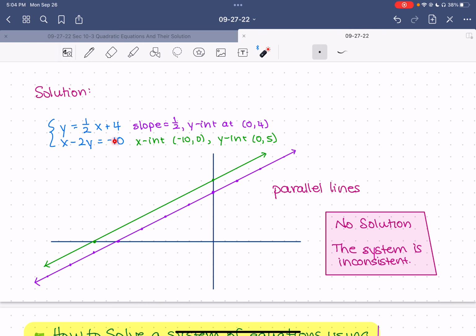And the y-intercept is -10 divided by -2, or +5. So here's +5 on the y-axis, here's -10 on the x-axis. I plot them. It ends up making two parallel lines. So there is no solution. We call the system inconsistent, and that's it. So now you are experts at solving by graphing.